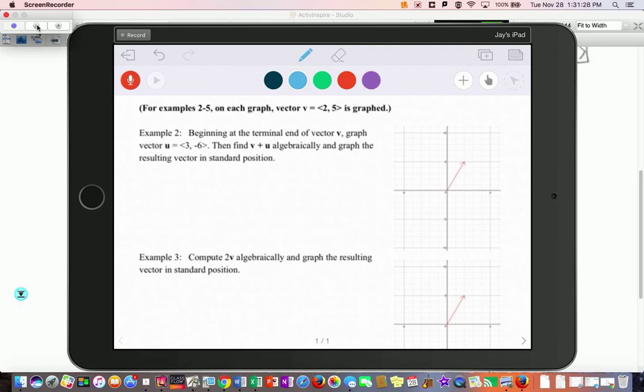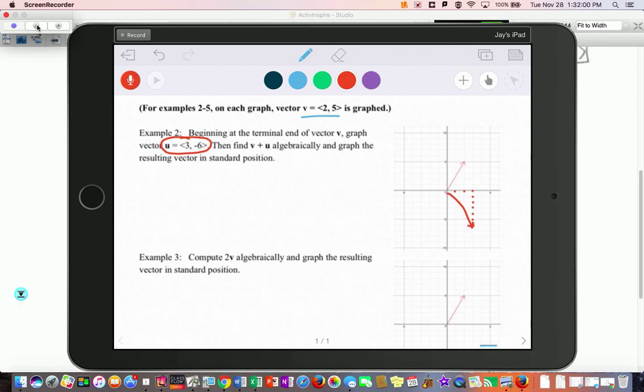Okay, for the next few examples, we have vector v. And they've already drawn vector v in there for us, so it's on the graph. And what they're asking us to do is add u plus v. So if I were to look at this vector, I would normally go 1, 2, 3 to the right, 1, 2, 3, 4, 5, 6 down.